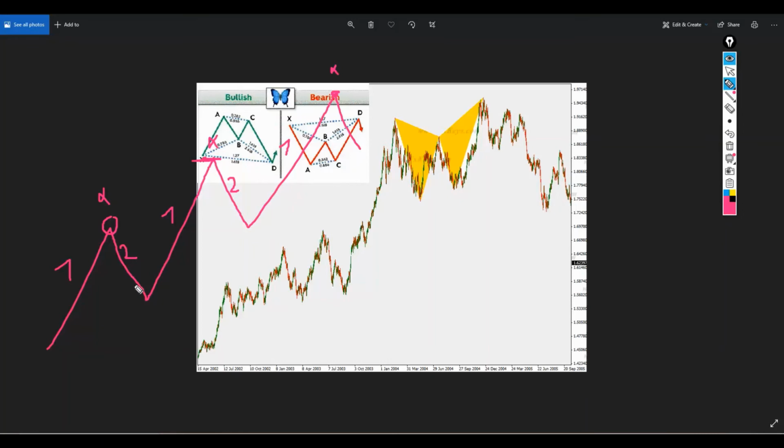So the main thing is to read the market. See where you are in the market. You're going up and making higher highs, higher lows. At the end of the phases, you find these patterns, boom, get in and trade the market. It's going to generate highly profitable patterns for you.